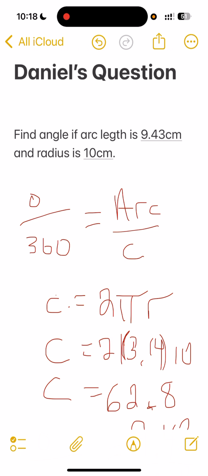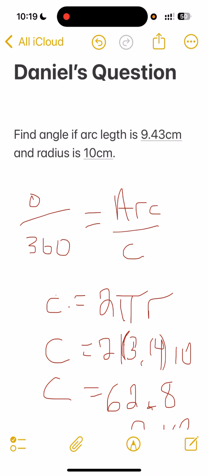Once again, the question specifically asks, find the angle if the arc length is 9.43 centimeters and the radius is 10 centimeters. I've got those 6 formulas that we've been working on in class. I'm only going to choose 4. It's asking the angle, so I must take angle over 360. That little 0 is a symbol for angle.